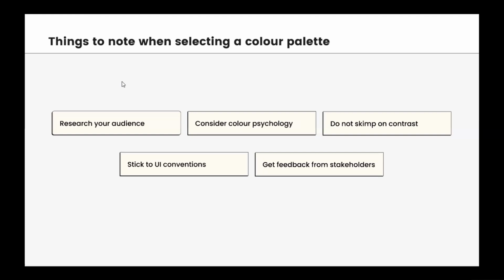Then the last one, get feedback from stakeholders. It's very important to get feedback from stakeholders because in as much as you are the designer, understanding what the stakeholders really want is very important.